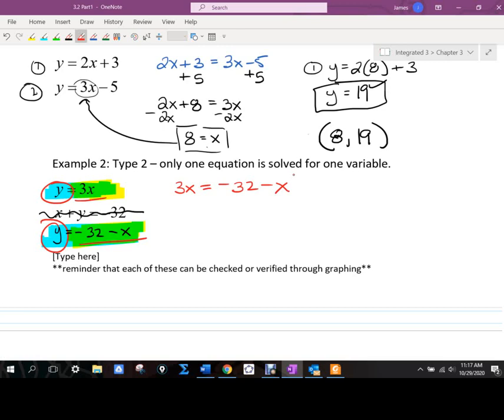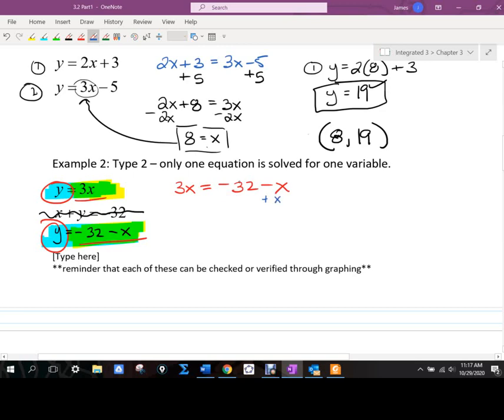So now, what would your option be here? What would be maybe the most logical thing here to solve for x? Okay, so add 32. Okay, so let's add x to both sides.